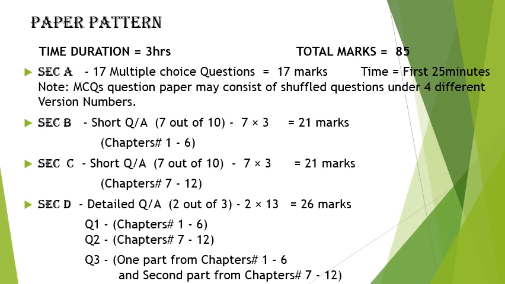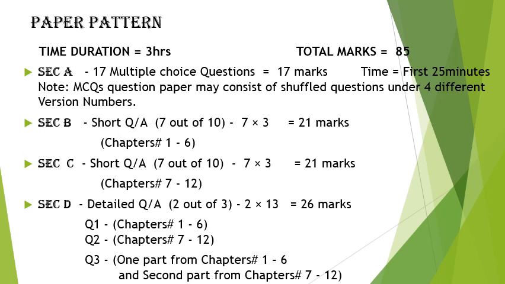Section A is of MCQs, 17 marks, and 17 MCQs are given, each MCQ of 1 mark. 25 minutes are allotted to solve this MCQ portion. You will be given an OMR sheet with shuffled questions. There will be 4 different versions to complete this section.